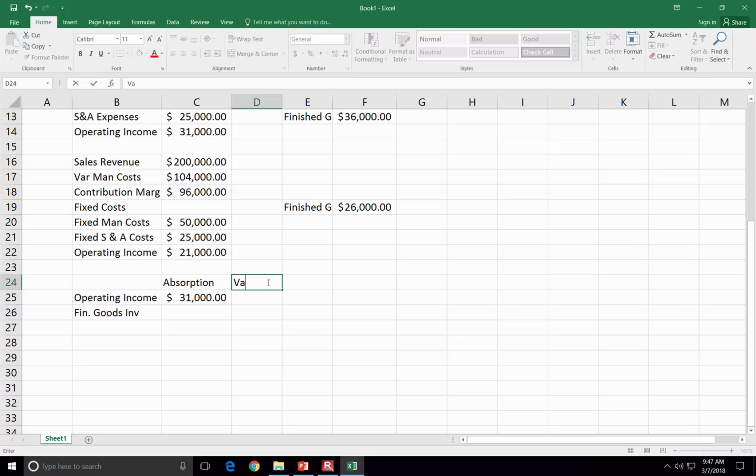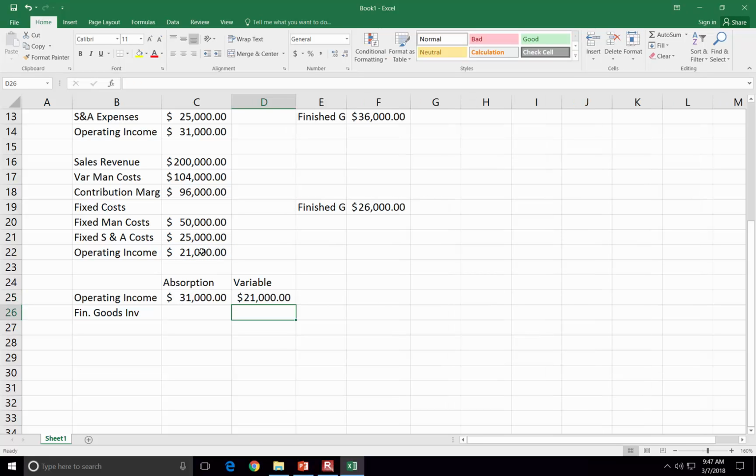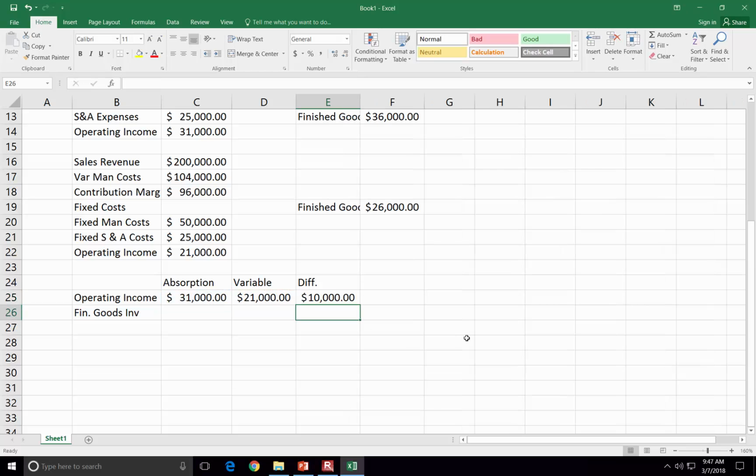Under variable costing, my operating income was $21,000. And my difference, I'm just going to say equals absorption minus variable. So my difference is $10,000, right?